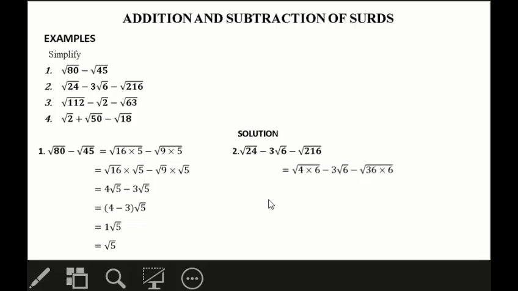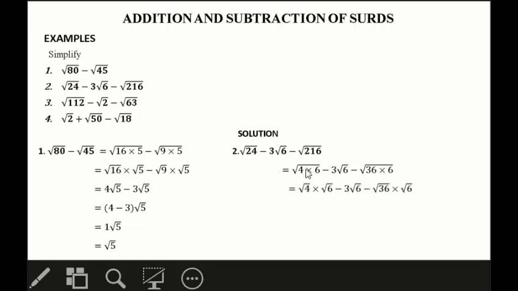So for the 24, we are having 4 times 6 under the root sign, because 4 times 6 will give us 24, and 4 is the perfect square. For the 3 root 6, it is already in its simplified form, so you don't touch it. Then we come to the 216. That's the root of 216. Then that one will give us 36 times 6.